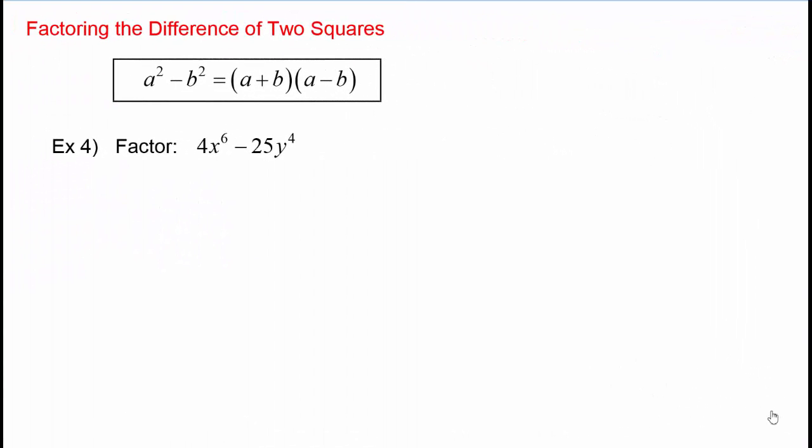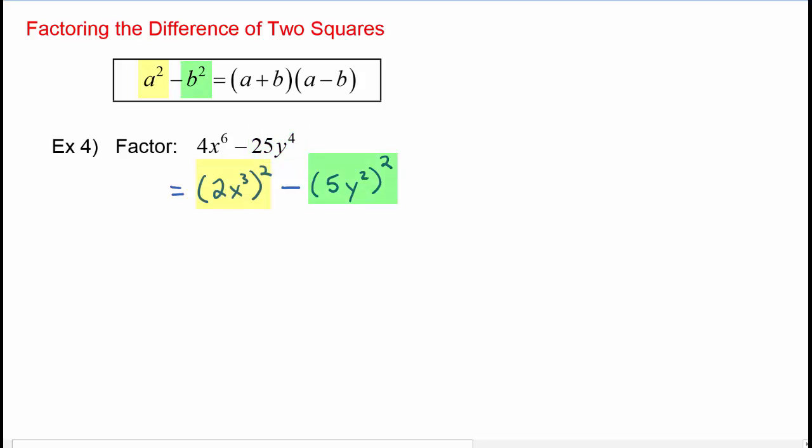In example 4, we have to factor 4x to the 6th minus 25y to the 4th. So first we need to write these as the difference of two squares. 4x to the 6th can be replaced with the quantity 2x cubed squared minus 25y to the 4th can be replaced by the quantity 5y squared squared.